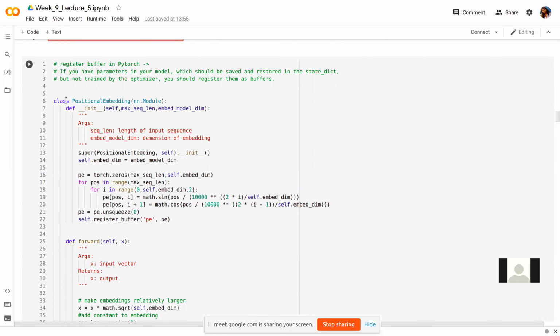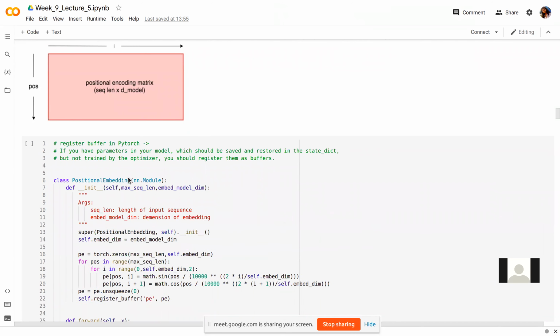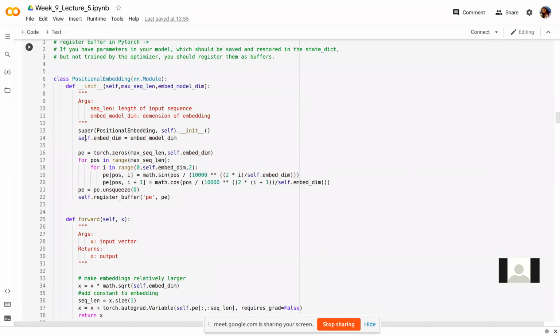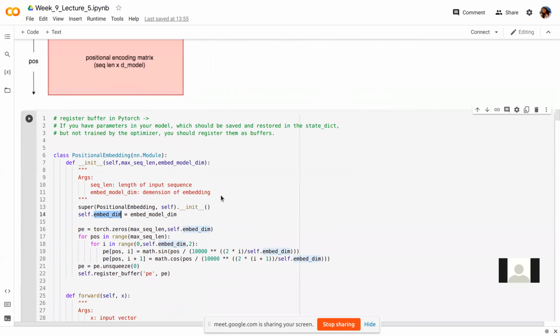How to implement it? It's quite easy. So we will just follow this diagram here. What we will do is, what is this embedding dimension? This is the size of the number of columns in this matrix, right? So in case of transformers, it's 512.